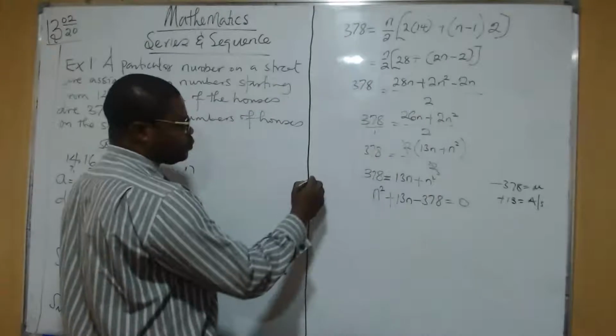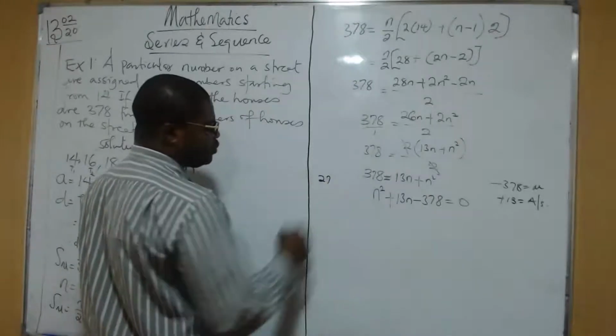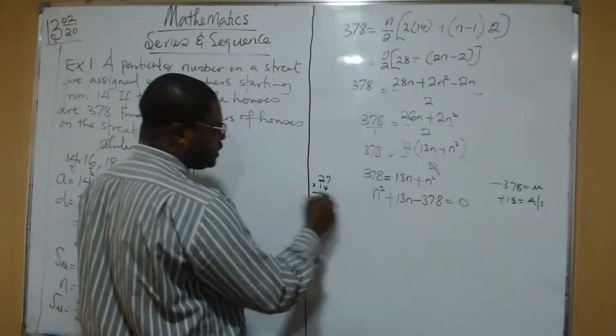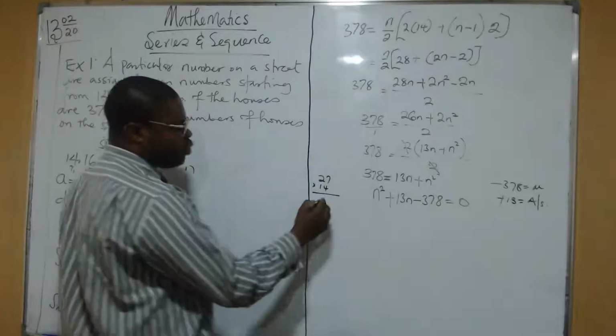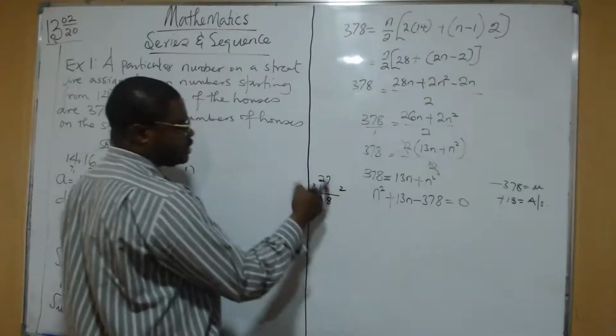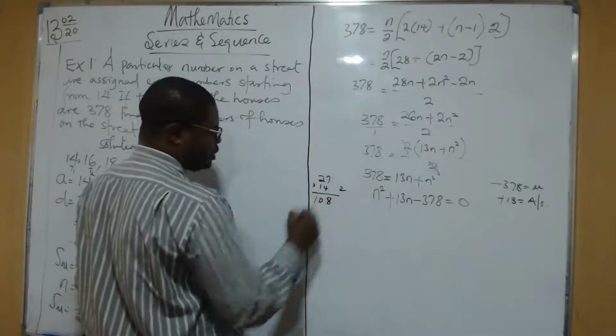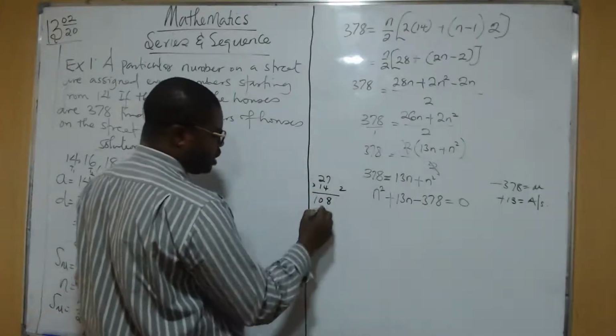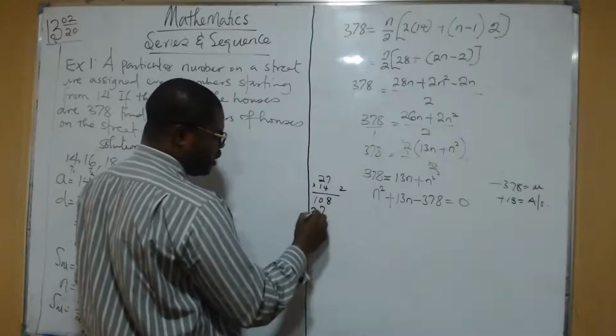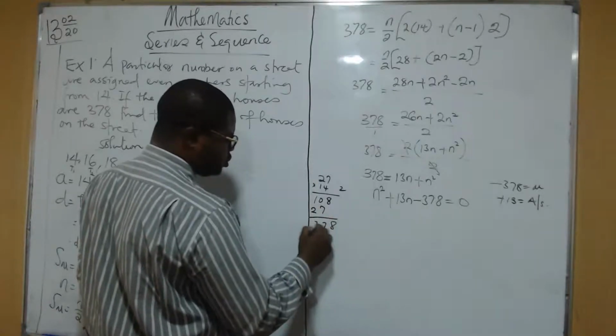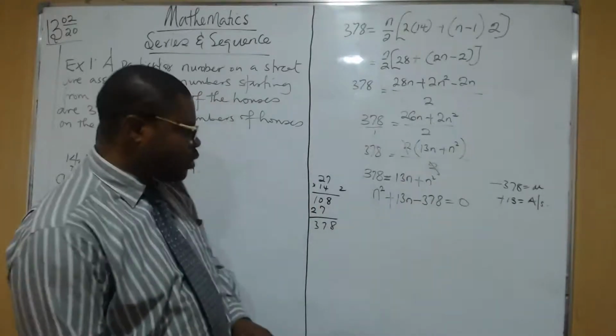If I have 27 times 14, 7 times 2, I have 28, and 4 times 2, I have 8, plus 2, I have 10. Now 7 times 1, I have 7, 2 times 1, I have 2. I have 8, 7, 3. Beautiful.